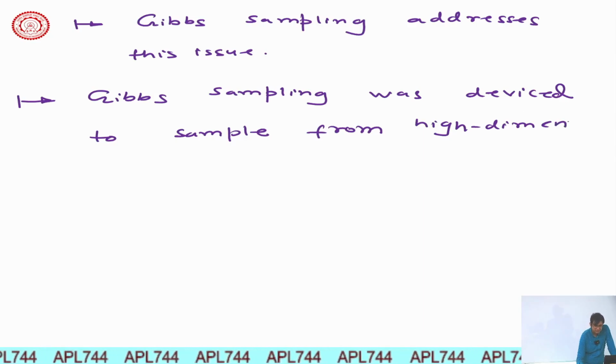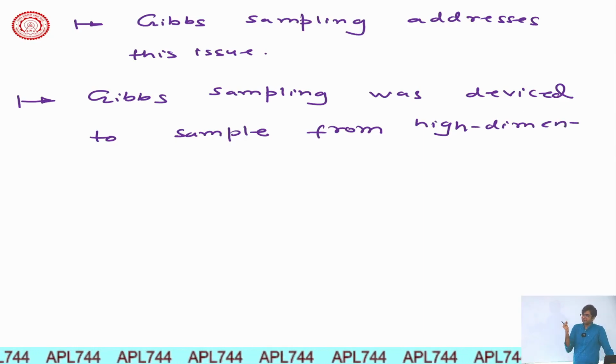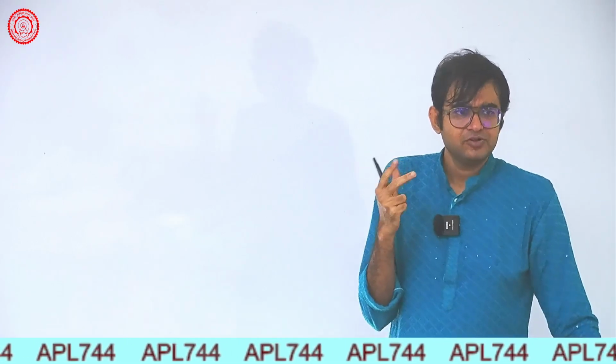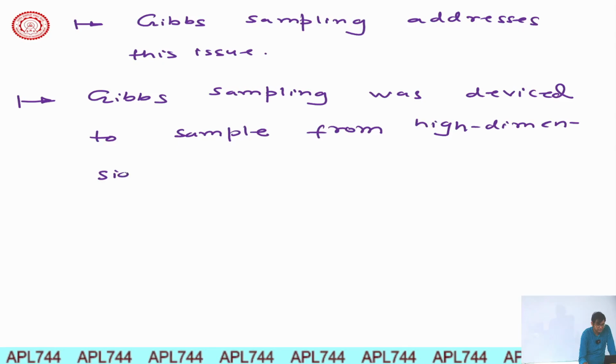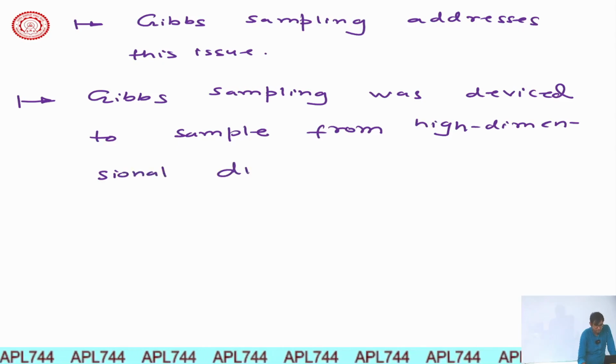In other words, Gibbs sampling you cannot use if you have one random variable. At least 2 random variables is what is needed for using Gibbs sampling, at least 2. Okay, and it can be as high as possible, but at least 2 is what is needed. High dimensional distribution.